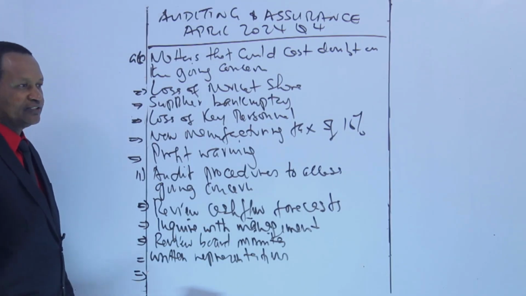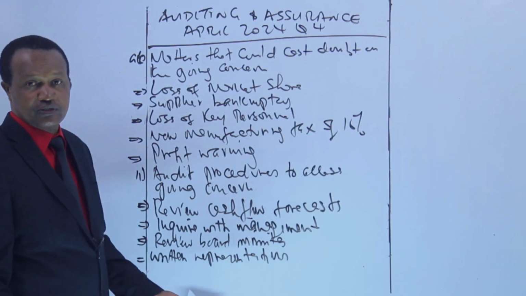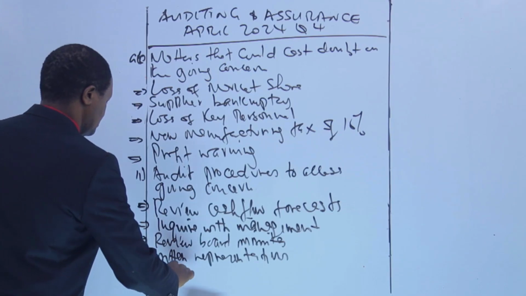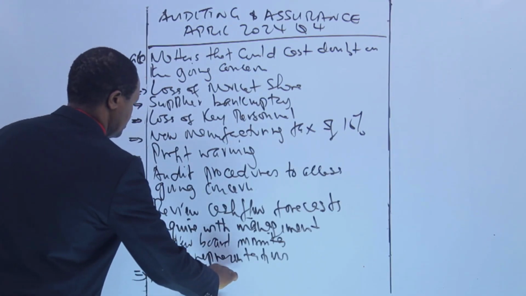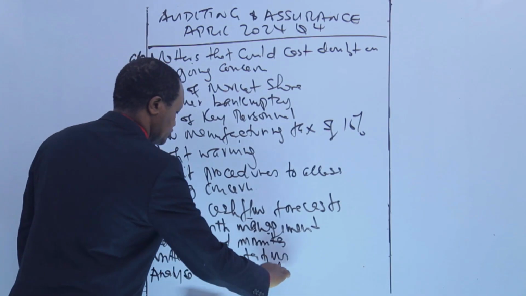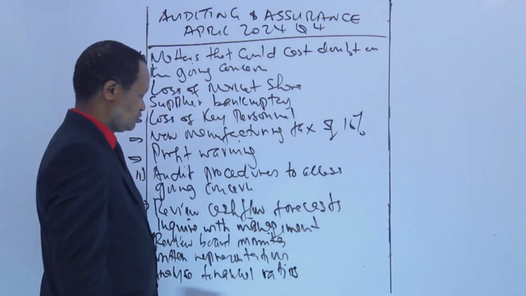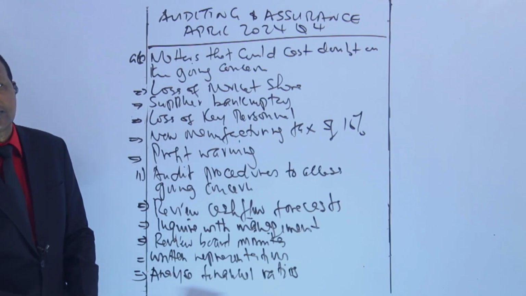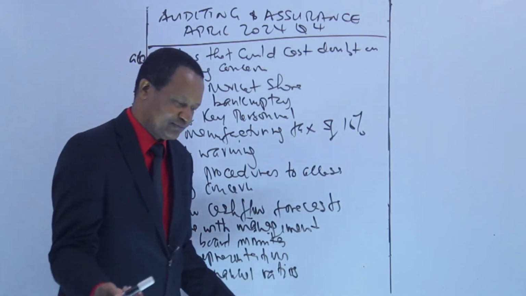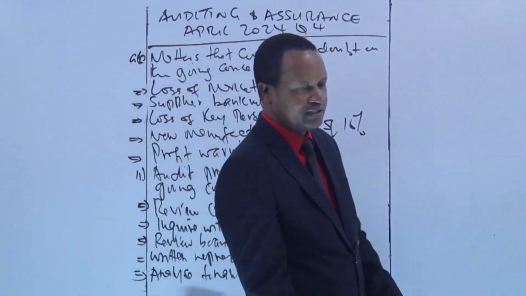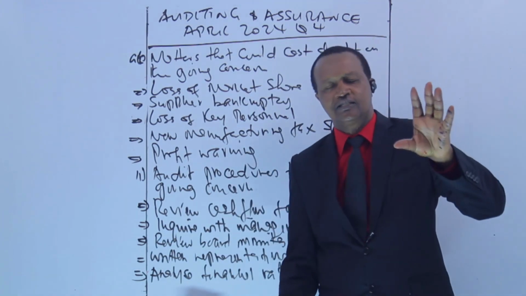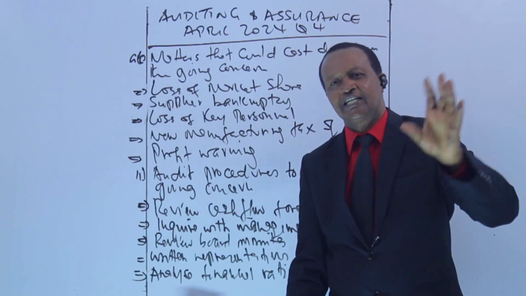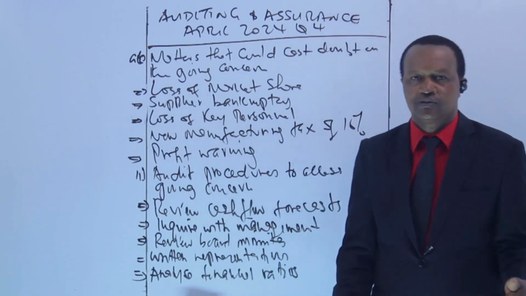The auditor can generate some ratios, analyze financial ratios, calculate and analyze, because you'll have the financial statements. Analyze the financial statements. First of all, calculate the ratios, then analyze the key financial ratios.